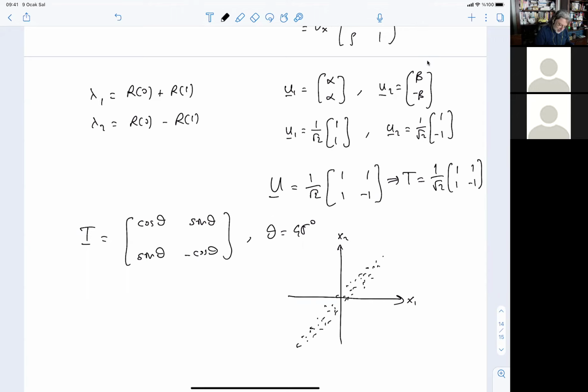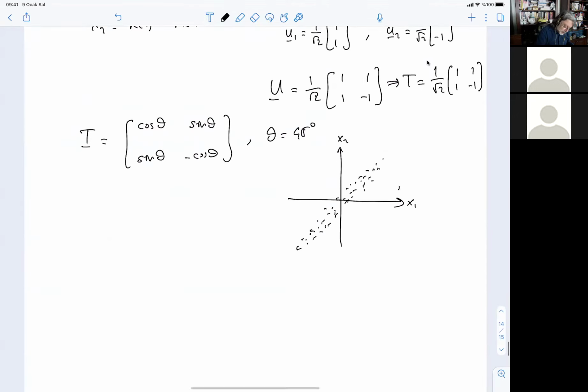So the optimal transform would correspond to a rotation by 45 degrees for the best representation, like this. So now your new basis vectors are 45 degrees rotated, as opposed to the original basis vectors, which are 1, 0, and 0, 1.